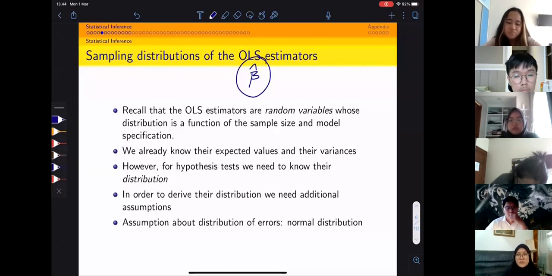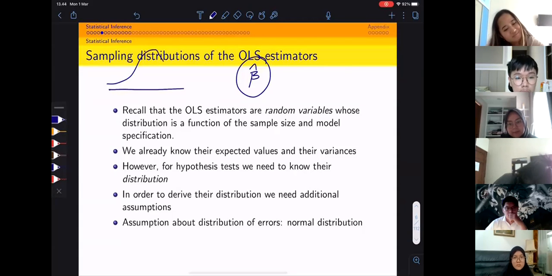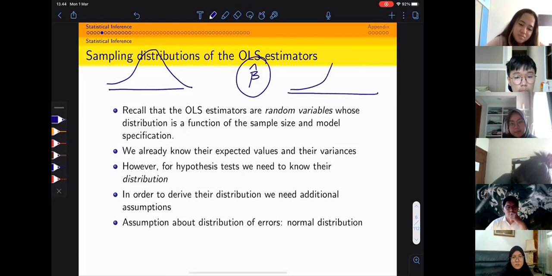Now also with a different sample size, we may get a different distribution of how these random variables are distributed across estimations. So for example, the larger the size of the sample that you have, would you get a wider distribution, or will you get a tighter distribution? Which one is true if you have more sample size?